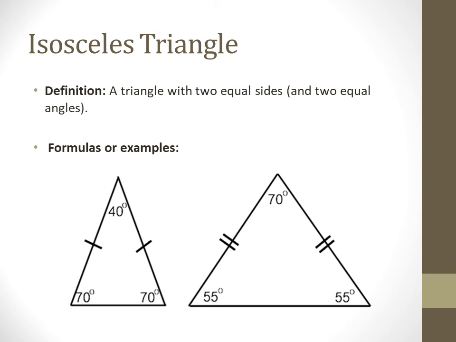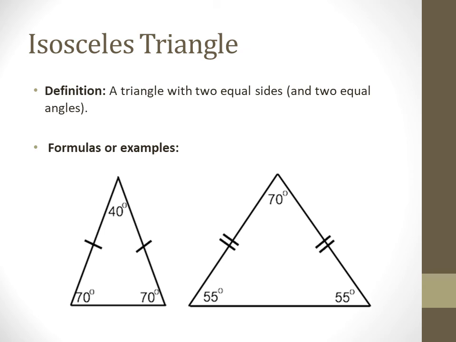All right, we see that we've got equal sides denoted by those little lines that cross the sides of the triangle. We will talk about that in a moment. But you see that because we have 2 equal sides, we have 2 equal angles at the opposing side of that unequal vertex.